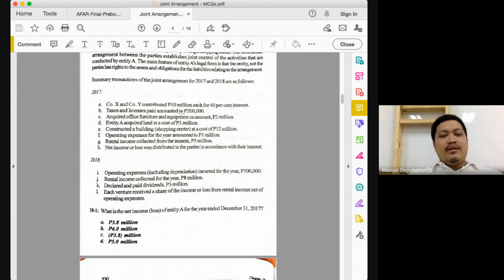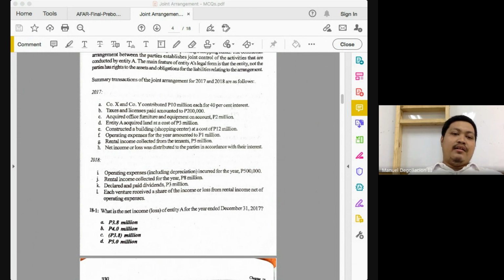Okay. Letter A, will it affect the computation of your net income? The answer is no, because letter A describes the investments made by the parties. Letter B, will this be relevant to our computation of net income? Yes, this represents expenses. Next, letter C would be an acquisition of an asset.